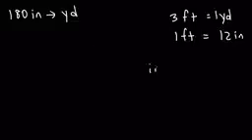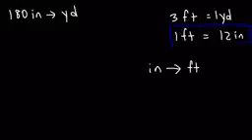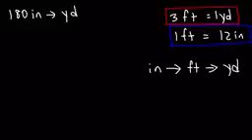So we're going to start with inches, and then we're going to convert that to feet using this conversion factor. And then once we have feet, we can convert feet to yards using this conversion factor. So let's begin. Let's start with what we're given, and that is 180 inches over 1.